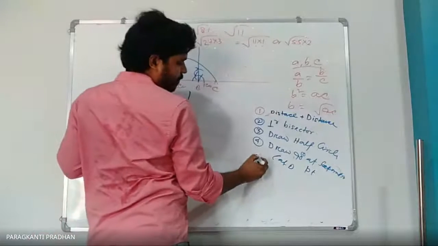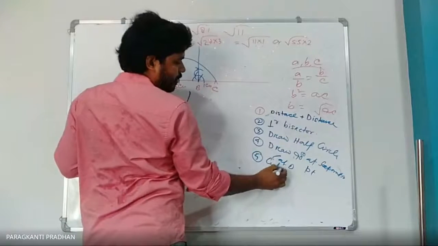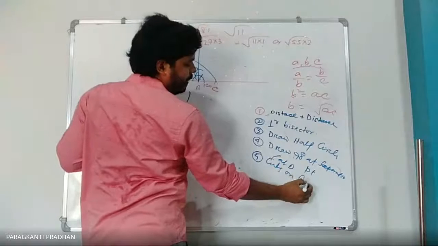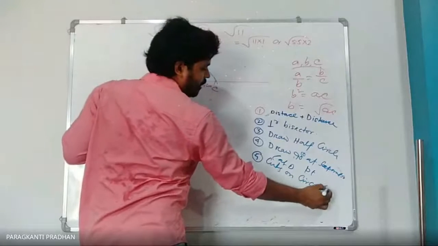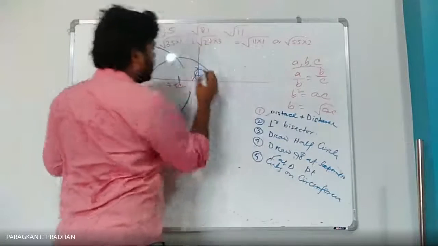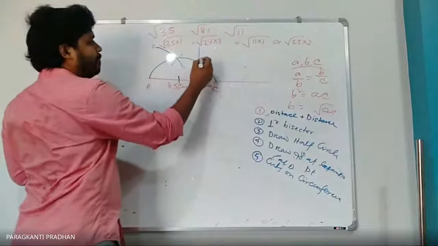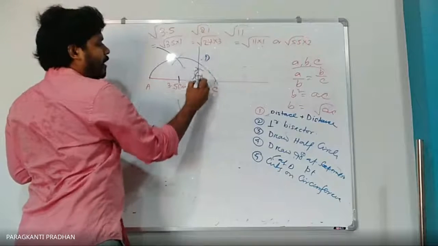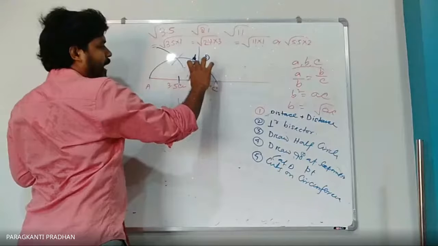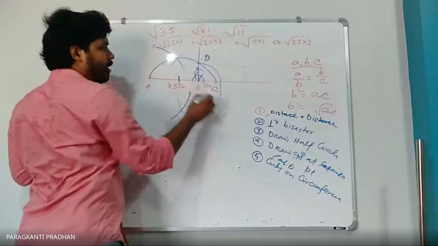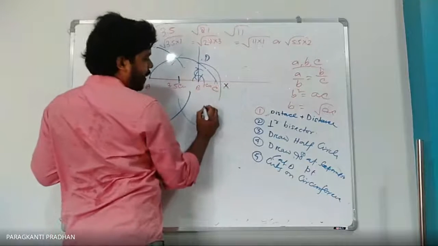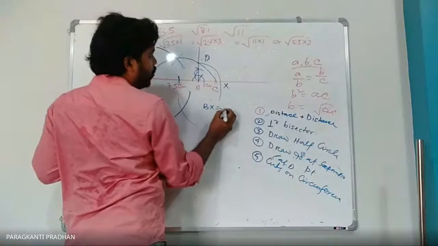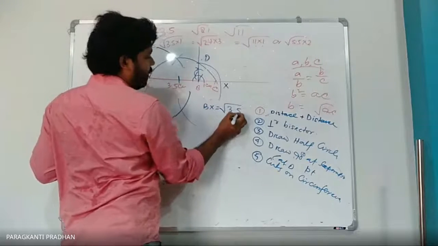Number 5, cut on the circumference. Where it cuts, name it D, and you take this length by compass and rotate it down, then name it X, so finally BX will be root under 3.5.